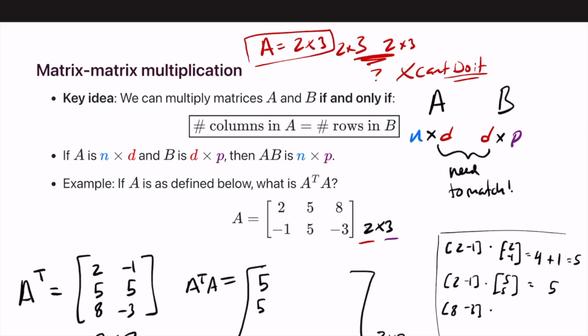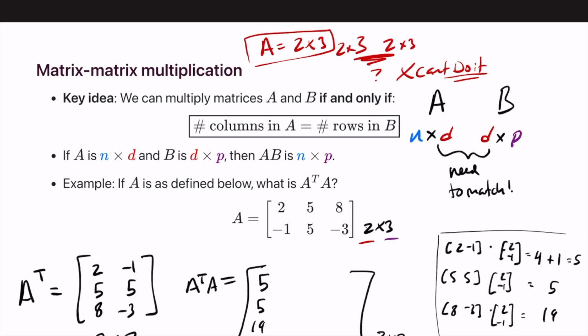Actually, I made a small error in the last one, but it winds up being the same thing. 5 and 5 with 2 and -1. So 8 and -3 with 2 and -1. And this winds up being 8 times 2 is 16 plus 3, which equals 19. So this gives us 19.